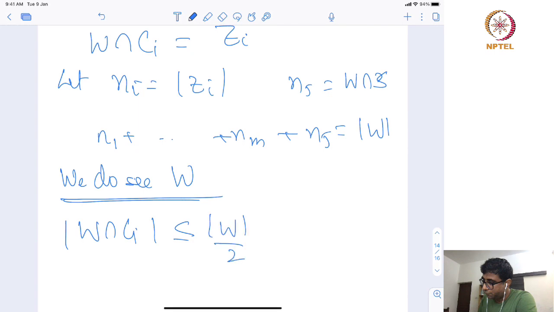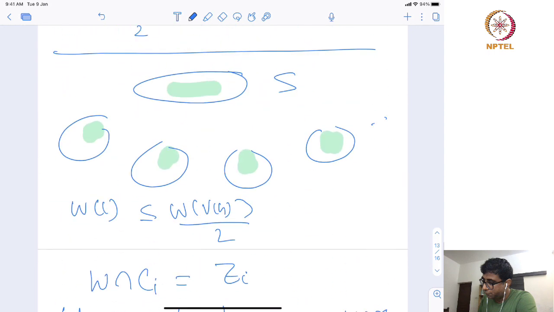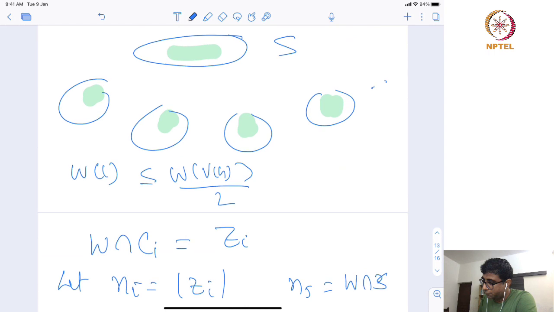So to ensure that, what we will do, we'll say, look, let's guess how W is distributed. So let's guess how W is distributed here.